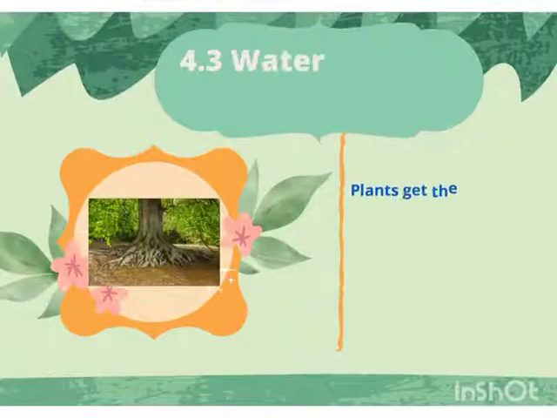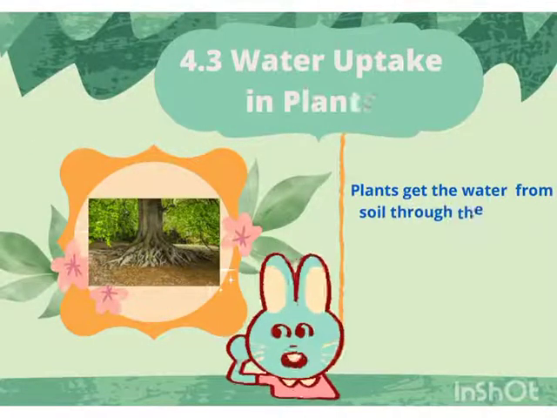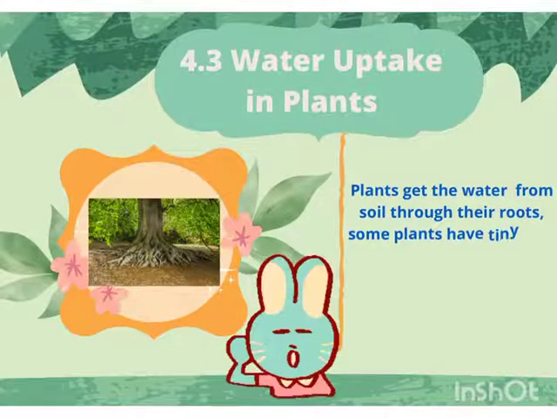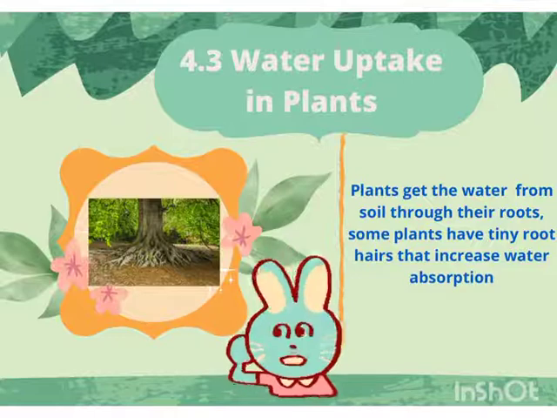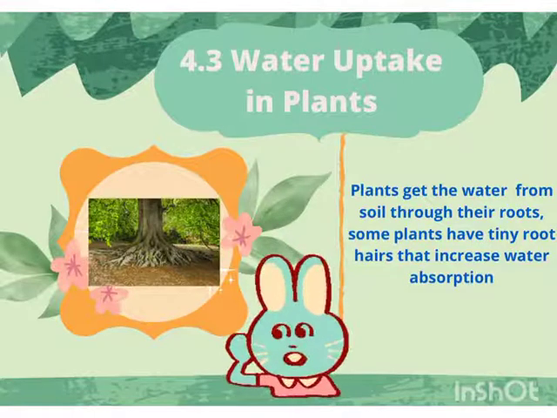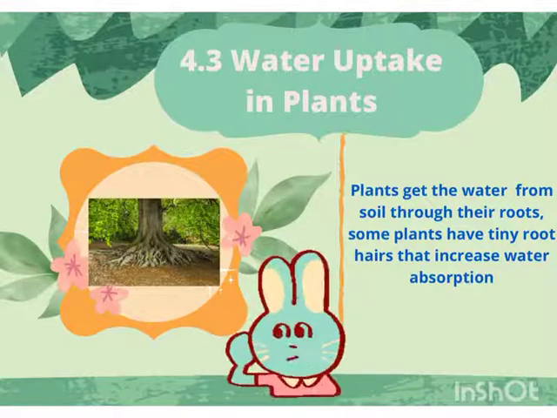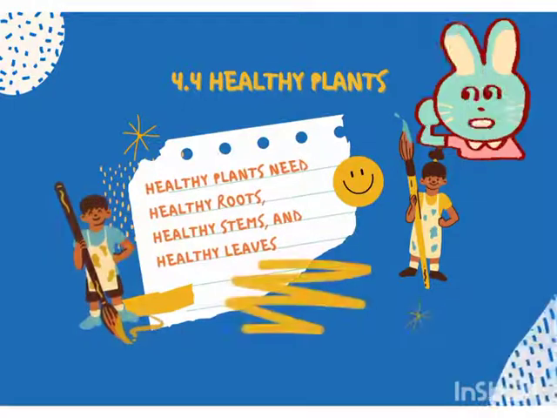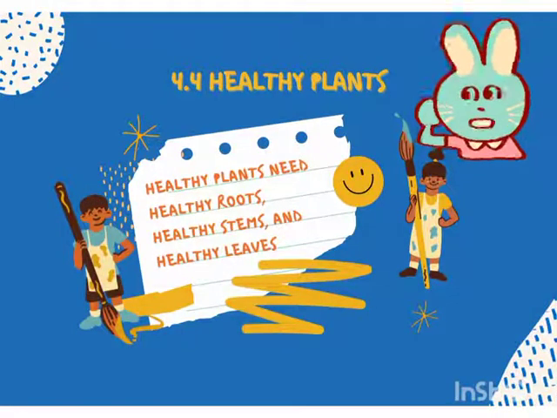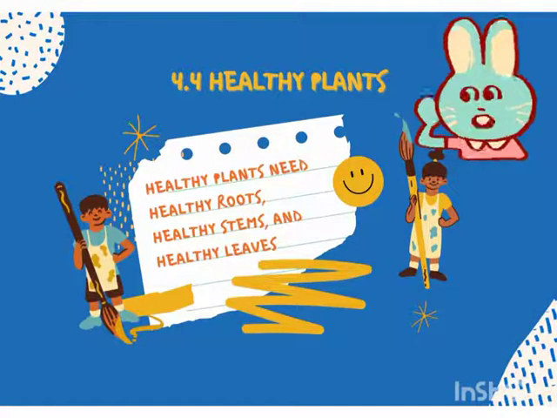And the third one, 4.3, water uptake in plants. Plants get water from the soil through their roots. Some plants have tiny root hairs that increase water absorption. And 4.4, healthy plants.